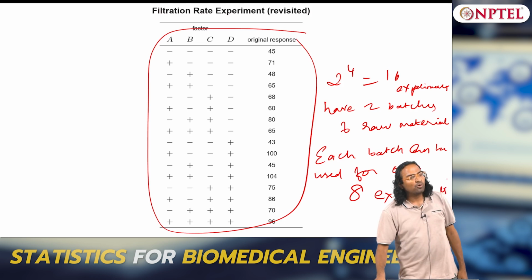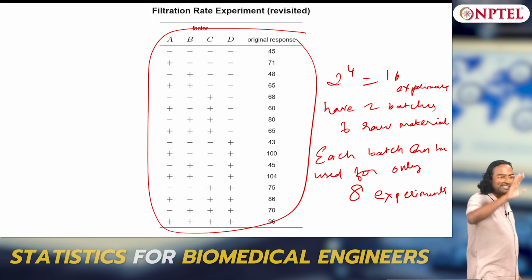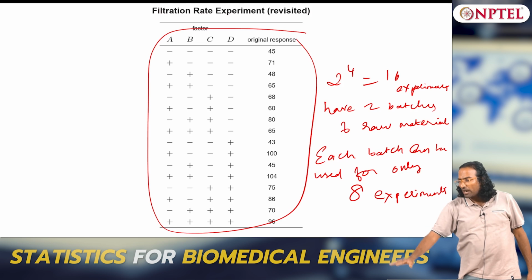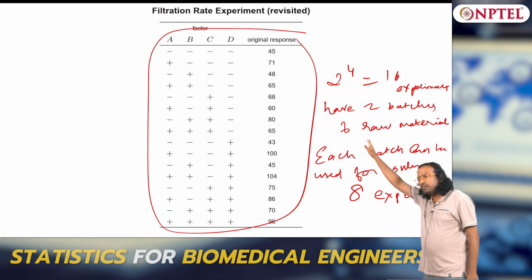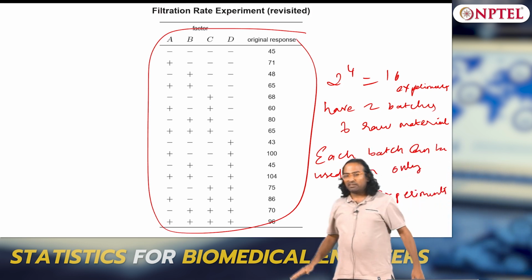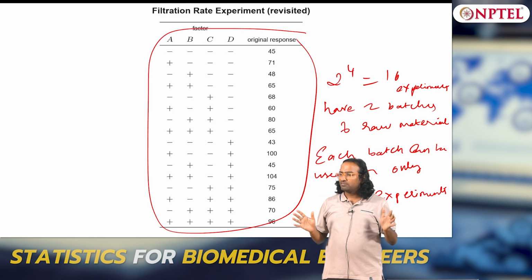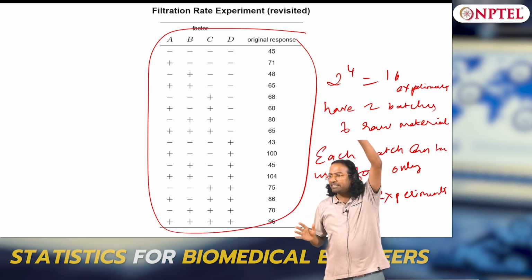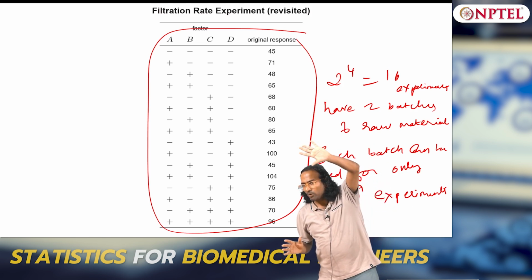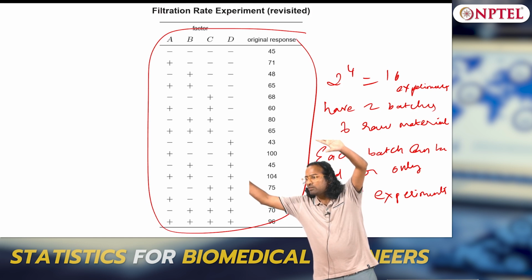Ideally what do you want to do? You want to do 16 experiments with batch 1, 16 experiments with batch 2. That way you have blocked, you understand, all 16 combinations with batch 1, all 16 combinations with batch 2.